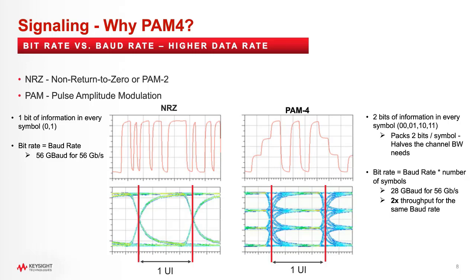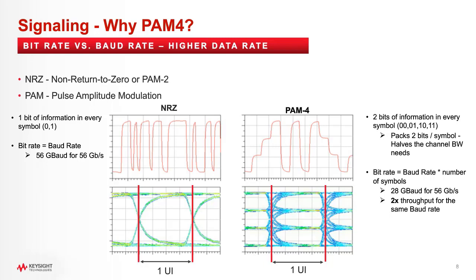PAM4 packs 2 bits per symbol, so that the bandwidth requirement is a half of NRZ. This means the throughput will be 2 times more than NRZ for the same baud rate. An example is 28 gigabaud for 56 gigabit per second for PAM4 compared to 56 gigabaud for NRZ.